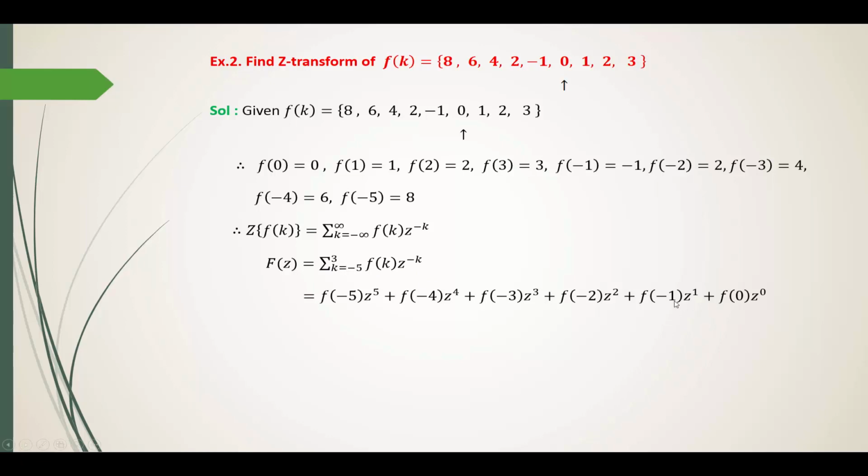So f(-1) z to the power +1. Put k is 0. So f(0) z to the power 0 plus put k is 1. So f(1) z to the power -1. Put k is 2. So f(2) z to the power -2. Put k is 3. So f(3) z to the power -3.